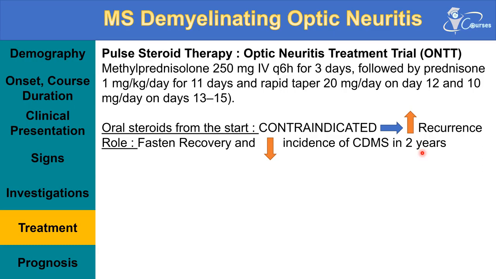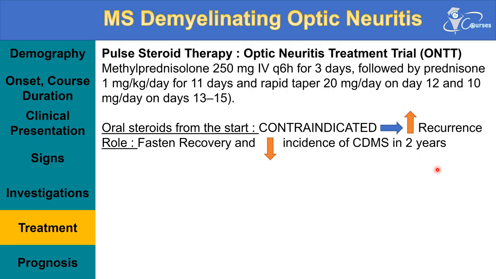Well, the answer is no. It's contraindicated because it was found that giving those patients oral steroids from the start will increase the risk of recurrence, either in the same eye or in the other eye. So you shouldn't give those patients oral steroids from the start. Okay, so now you know the rule. It doesn't affect the final visual outcome. It will just fasten the recovery and decrease the incidence of clinically definite MS in 2 years.